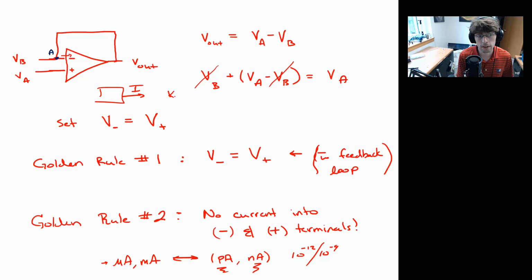Doesn't this violate KCL? And I say, yes, but remember, I have not drawn all the terminals here. There are 2 more terminals powering the operational amplifier, and those terminals will supply this extra current.